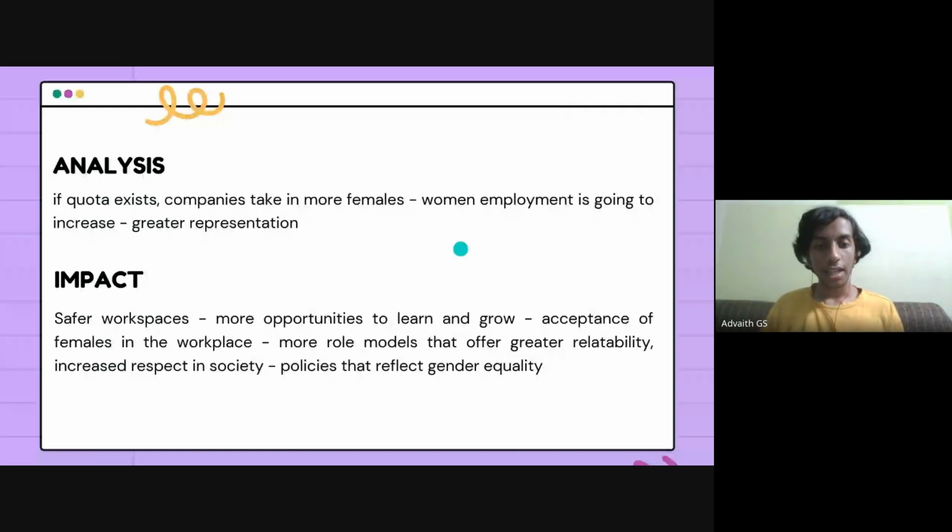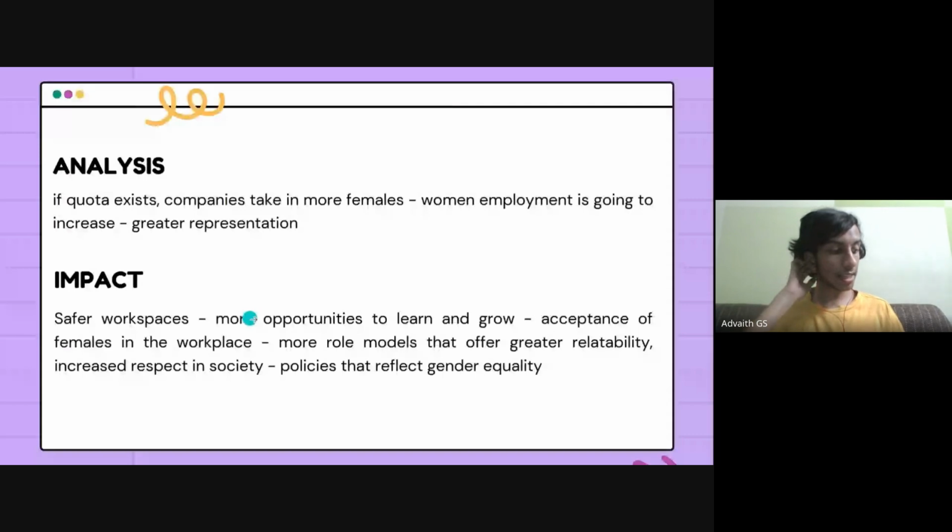Moving on to impacts. Now that you've seen that there is greater representation, companies have taken in more females, this means that there are safer workspaces. Workspaces are going to be somewhat less hostile towards women working because there are simply more women working there now. Right? Women understand other women. So if there are any problems being faced by women, they'll be able to understand that.